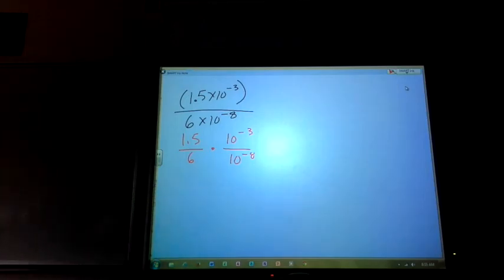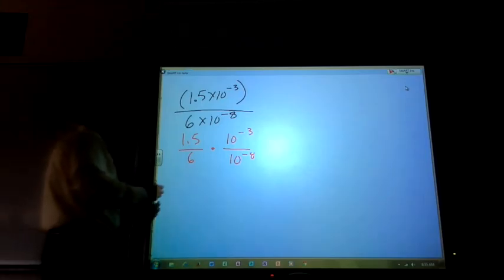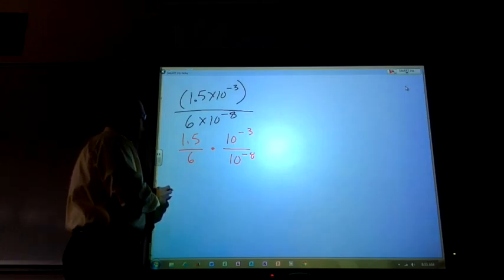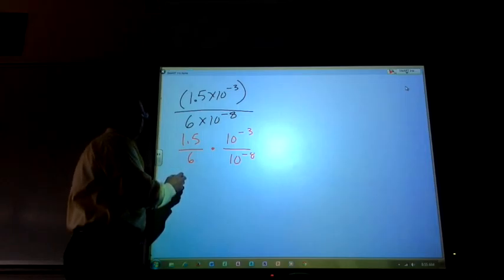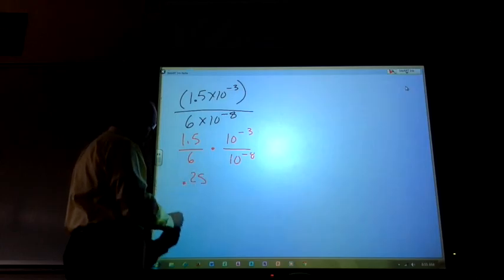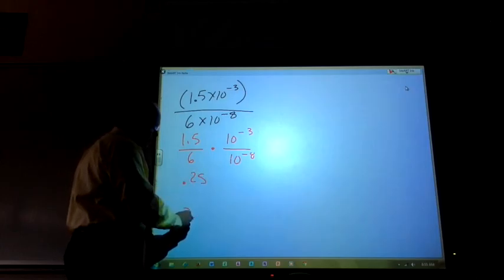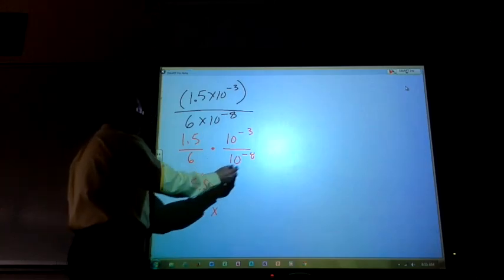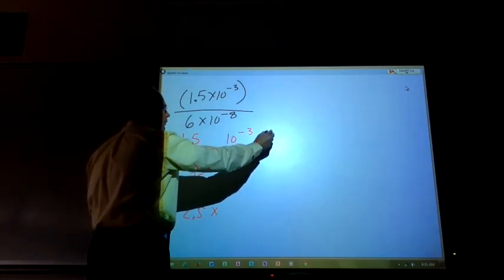What is 1.5 divided by 6? Give me up to 3 decimals. 1.5 divided by 6. 0.25. 0.25, I like it. So eventually I need 0.25 to be 2.5, but we'll get there in a sec. Okay, these are both negative exponents, so they're going to flip-flop.